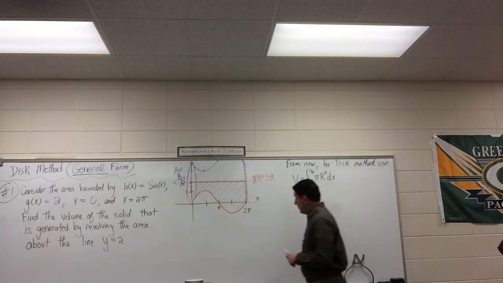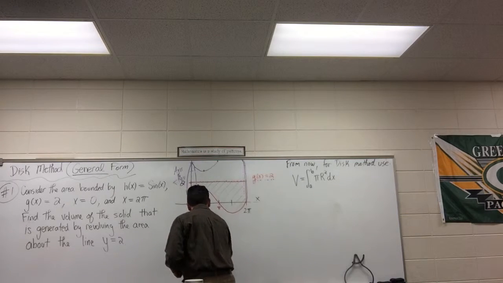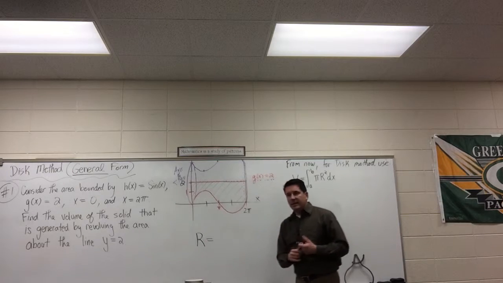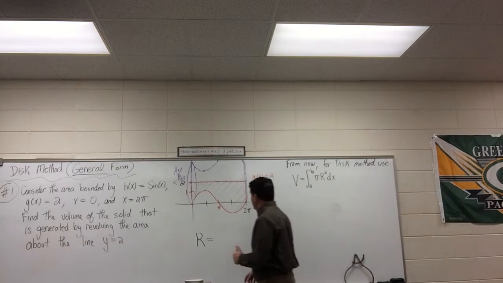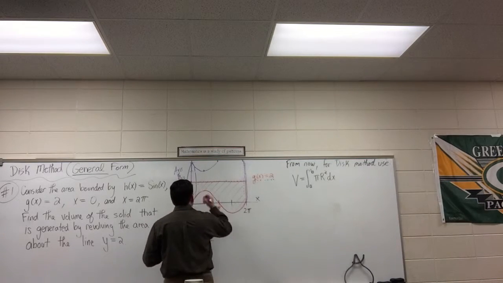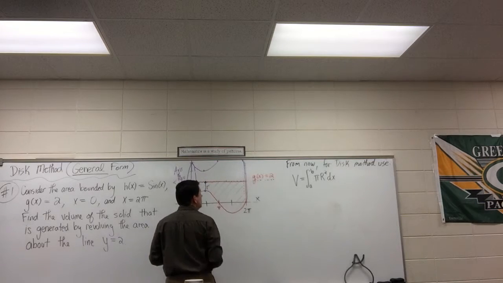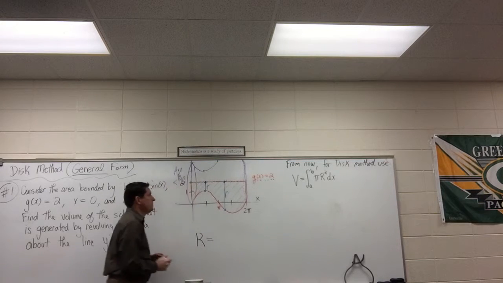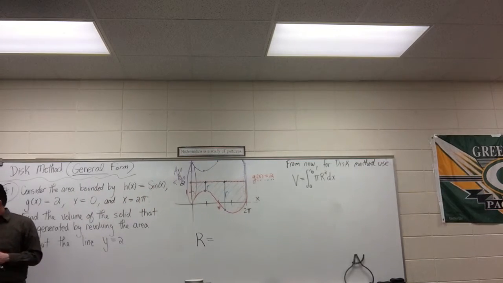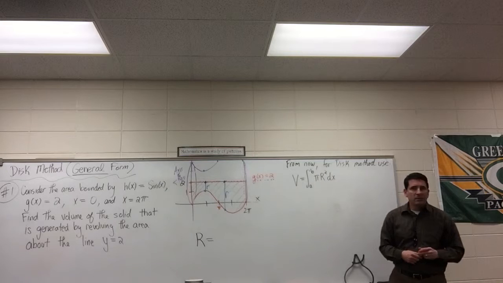Okay? So, here's what I mean. With this, I want us to identify what the radius is at any given moment. What is the radius? So here's what I want you to do all the time on yours. I want you to draw in a couple of radii to identify where the radius is coming from when we do the disk.